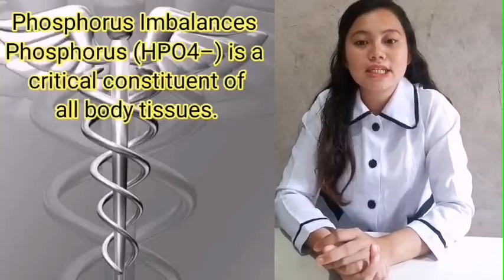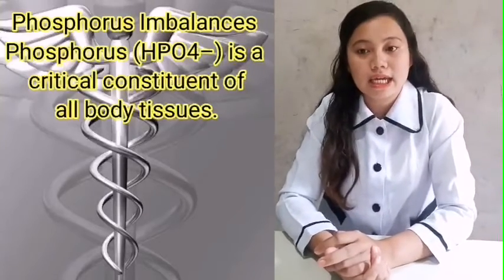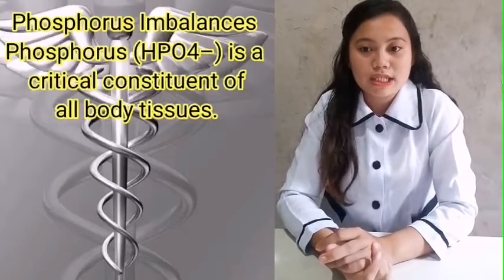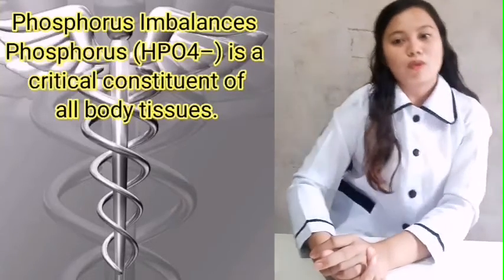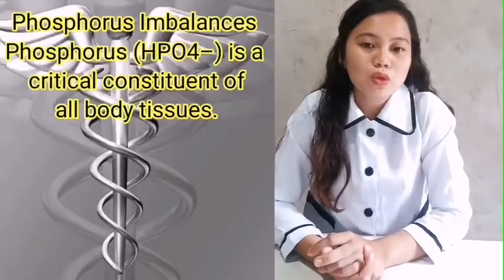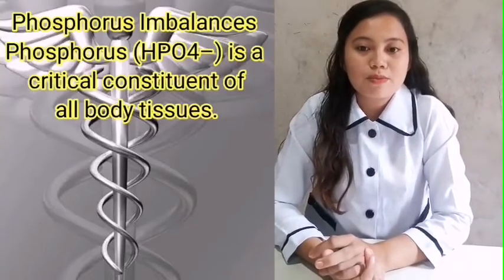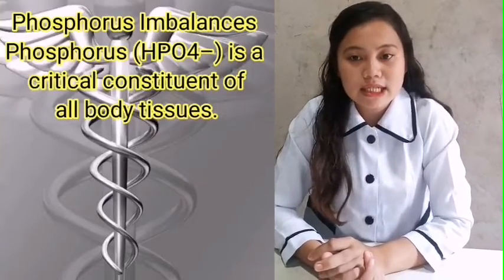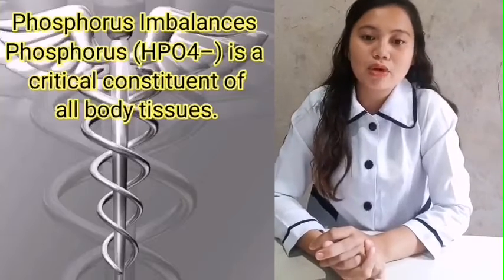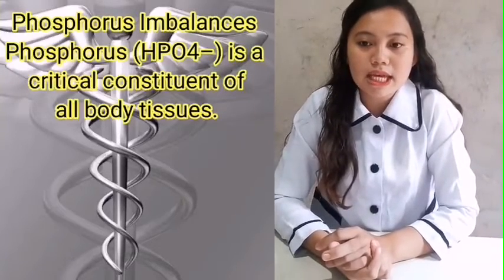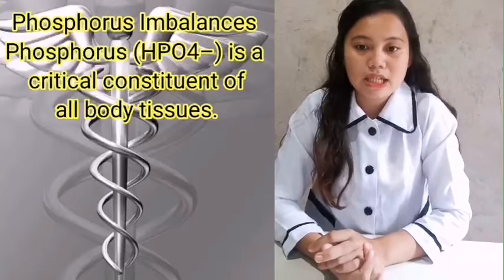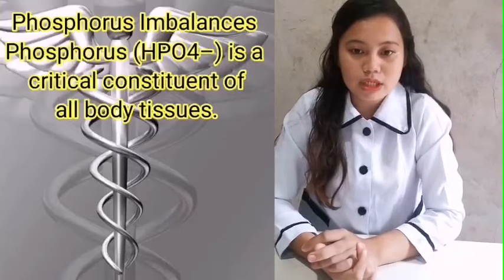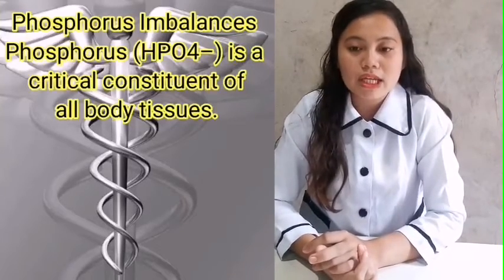It is essential to the functions of muscle and red blood cells, the formation of adenosine triphosphate and of 2,3-diphosphoglycerate, which facilitates the release of oxygen from hemoglobin, and maintenance of acid-base balance, as well as the nervous system and intermediary metabolism of carbohydrates, protein, and fat.